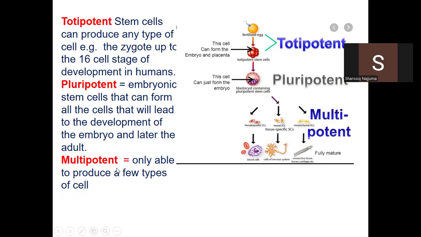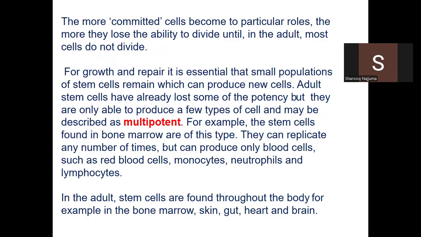They can only form the white blood cells, the red blood cells, lymphocytes, but they cannot form any other type of cell apart from blood cells. So we call that multipotent. They are only able to produce a few types of cells.